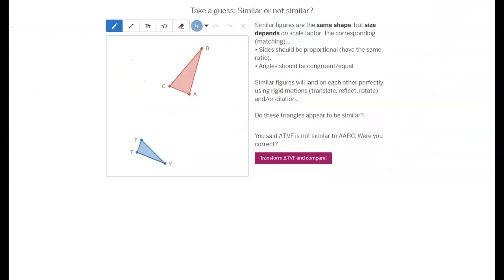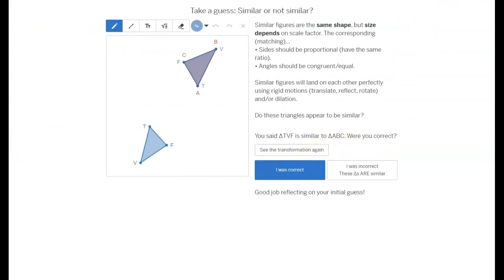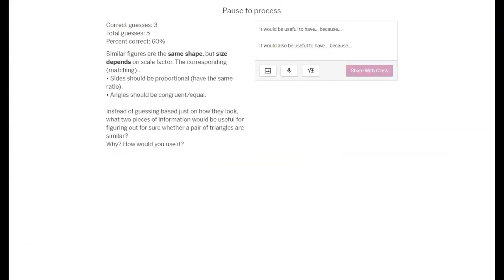from your assignment. Let me see if I can go ahead and pull that up here and see if this will work. The question in your writing assignment says that similar figures are the same shape, but size depends on the scale factor. The corresponding or the matching sides should be proportional, have the same ratio, and the angles should be congruent.